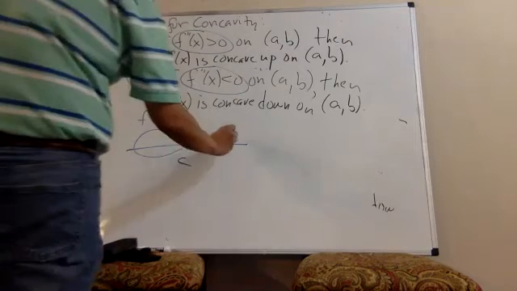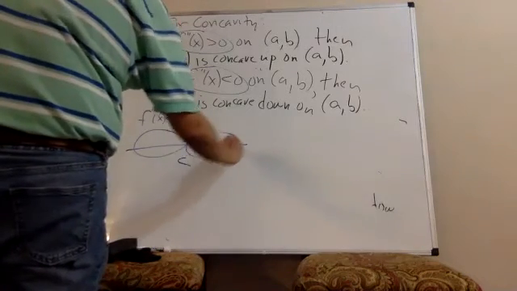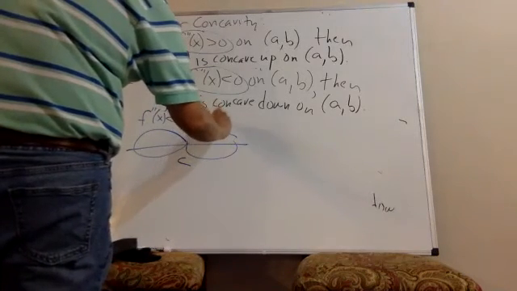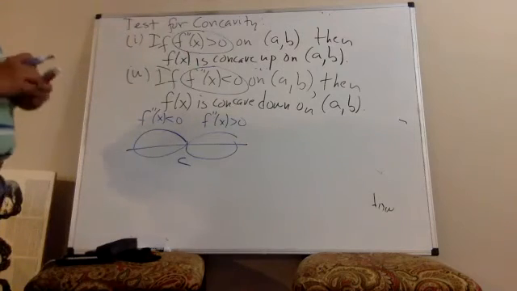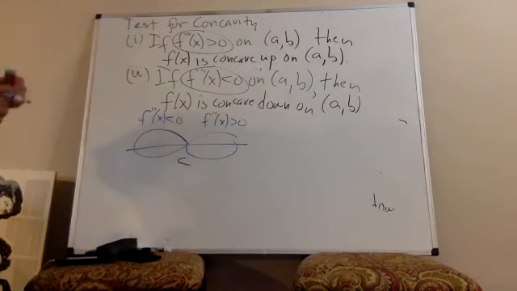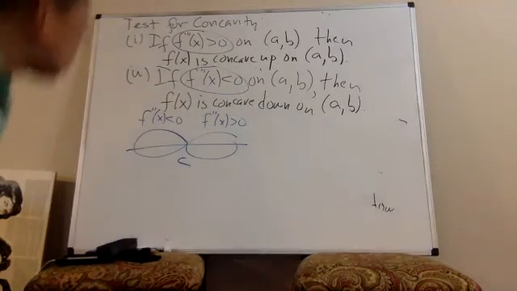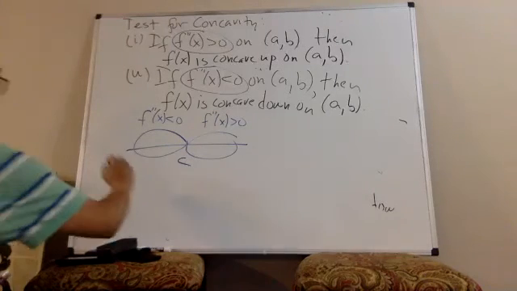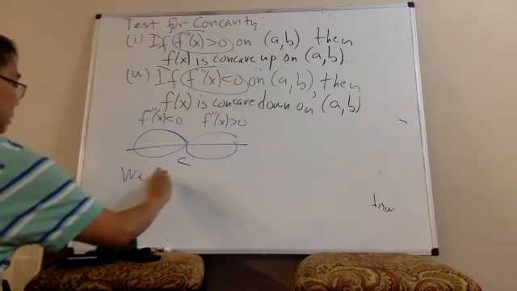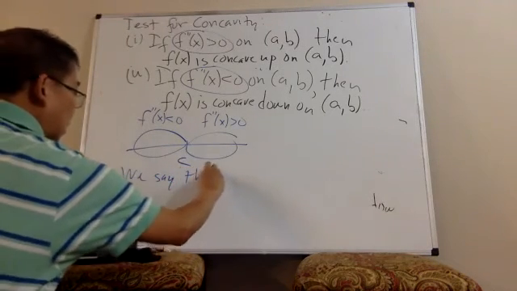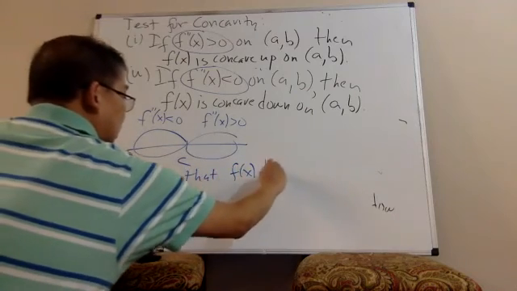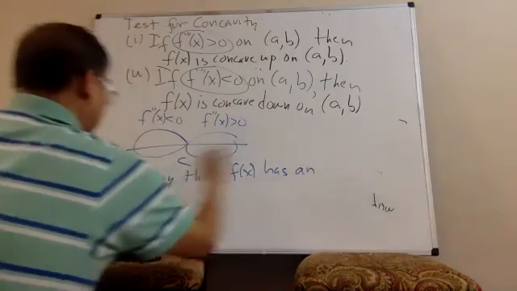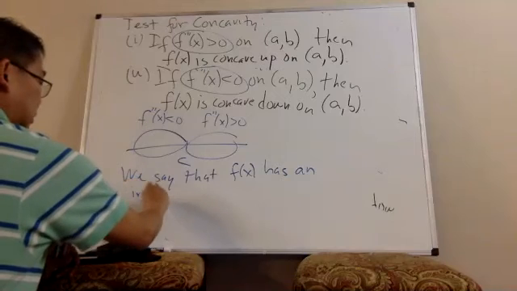And let's say on the other side here, the second derivative is positive, meaning at c there is a change in concavity. Well, we have a definition for this c. We say that f of x has an inflection point.